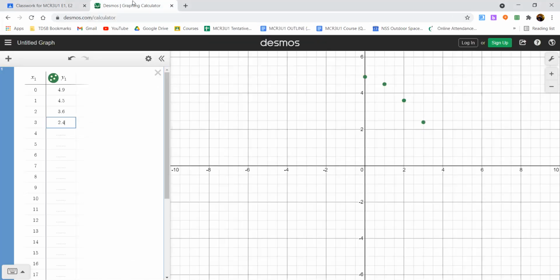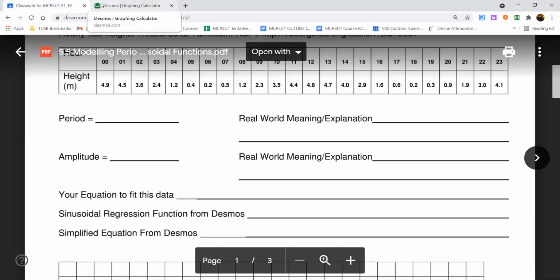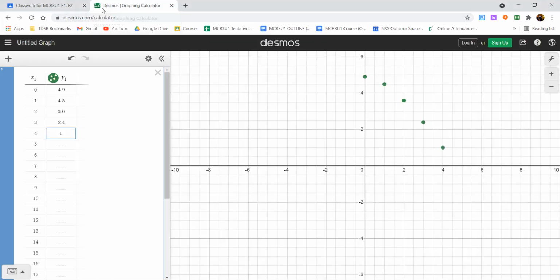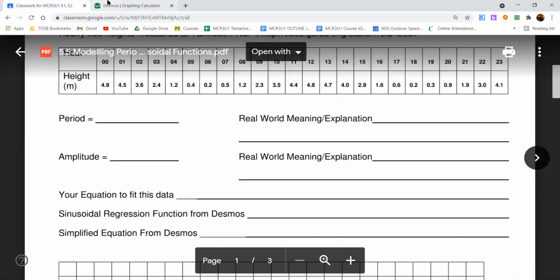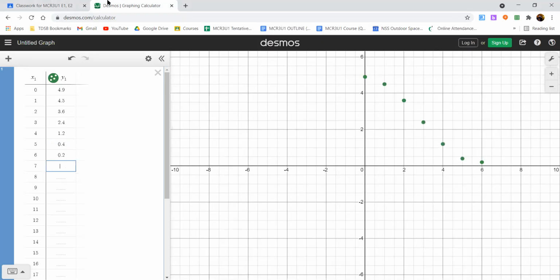I'm a lot faster with this than a keypad. Now I'm entering the y values from the handout.